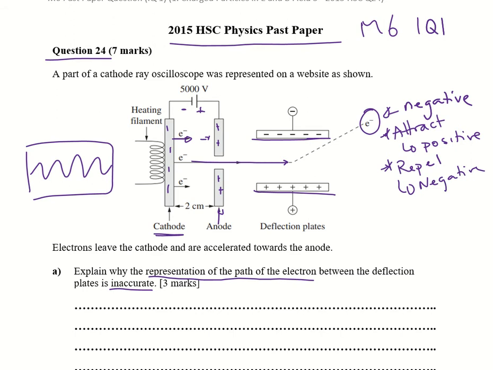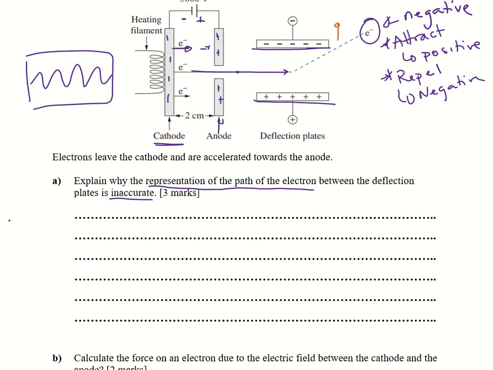If we have a look at the diagram we have here, the electron is moving towards the negative plate, which is not correct. So that's the first inaccuracy in this diagram. The electron is a negative charge.